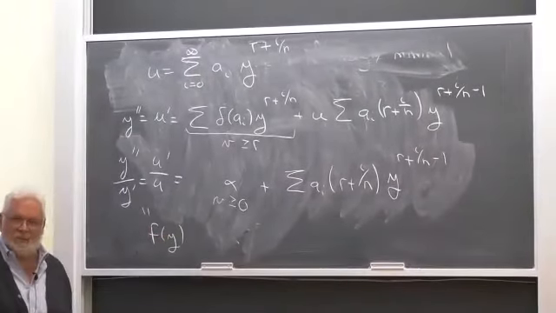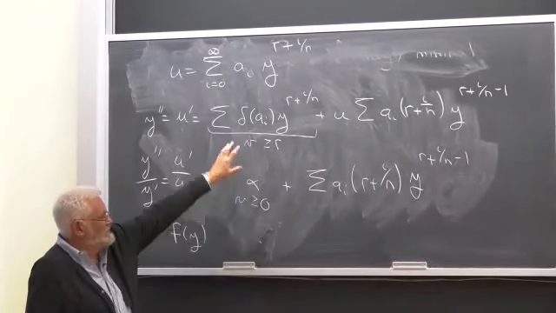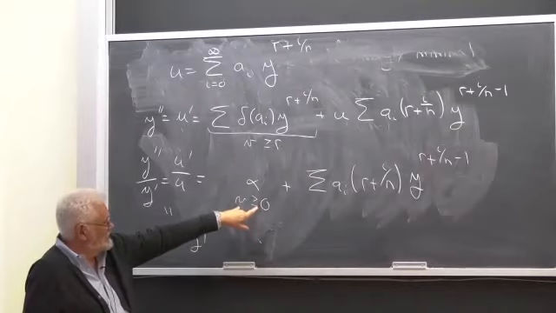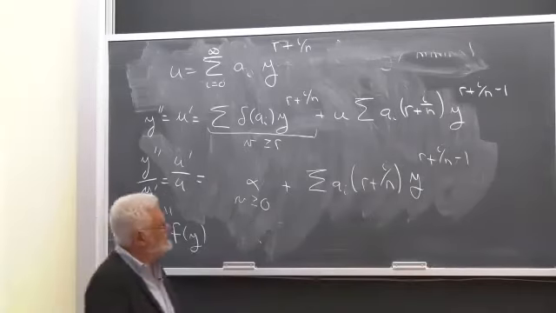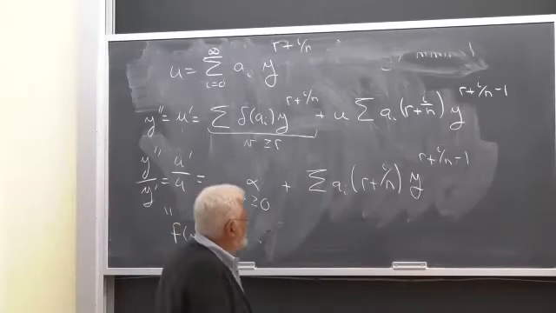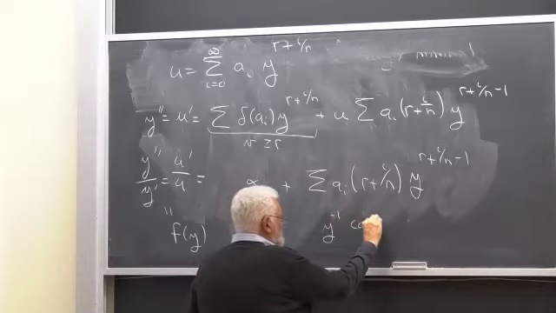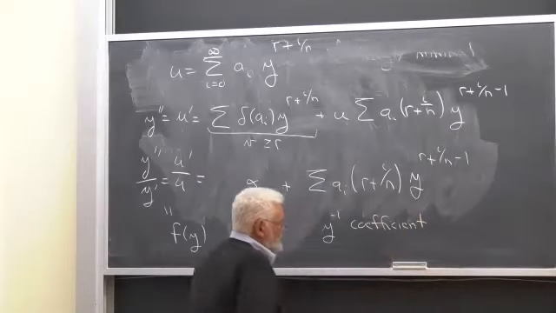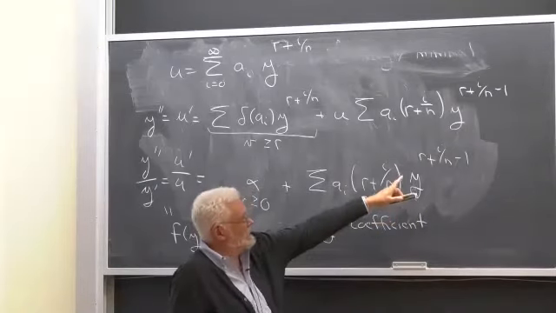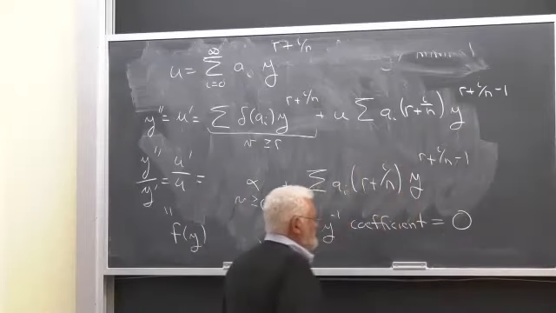And this is supposed to be equal to f of y. All the terms here have non-negative powers of y. If you look at the y to the -1 coefficient, that happens when r plus i over n is 0, and now I've multiplied that out, I've multiplied by 0.